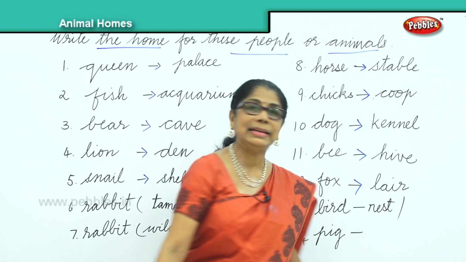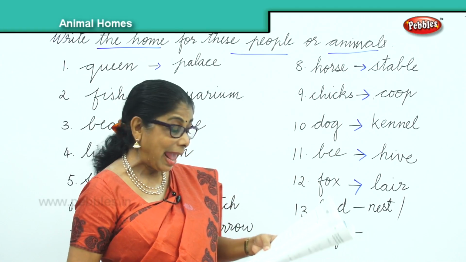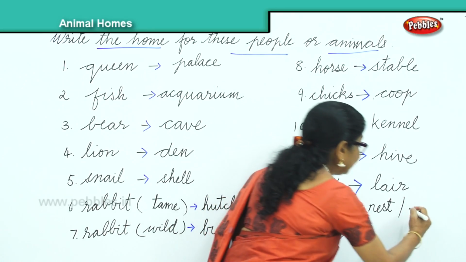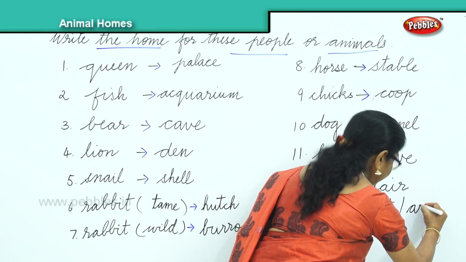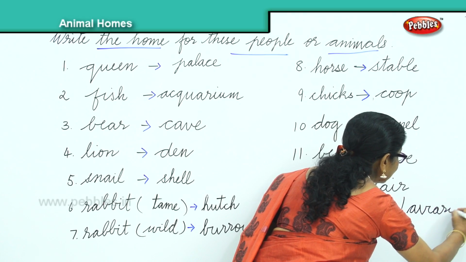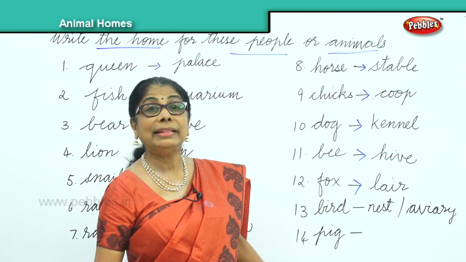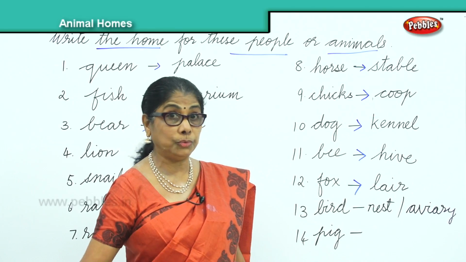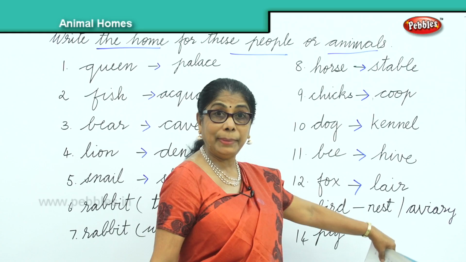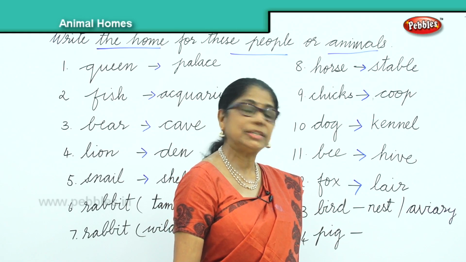We also say they are put into an aviary. A-V-I-A-R-Y. This is when you have it in your house. The nest is what they build. Aviary is when you have pet birds in your home.